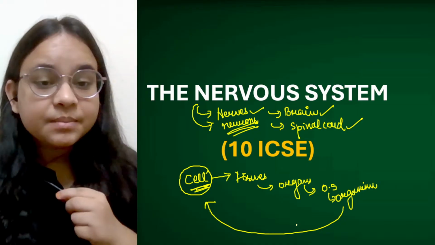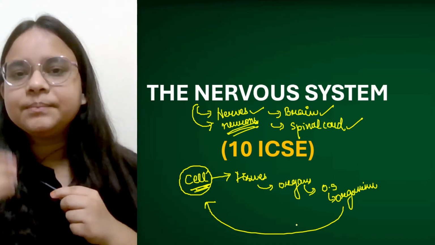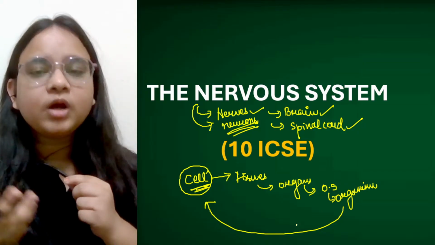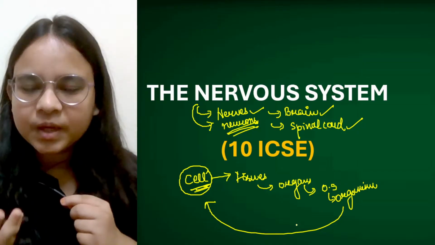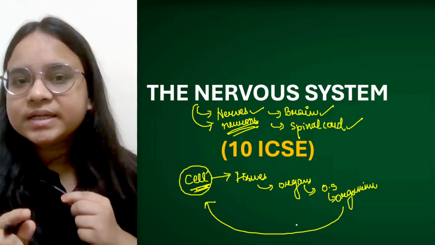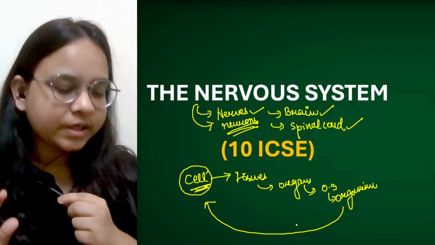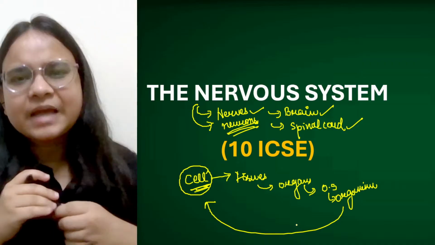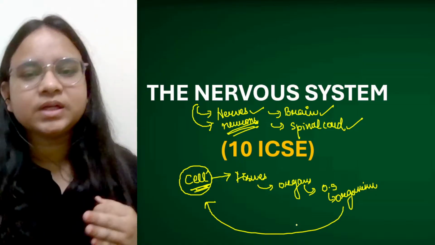Cardiac cells. Similarly, in case of the nervous system, the whole system, that is the brain, spinal cord, and the nerves, are made up of what? It is made up of neurons. And I would like to highlight one thing, that is the longest cell. The longest cell in a human body is the neuron itself. So these things are quite basic, and we have studied all these things from our junior classes itself.